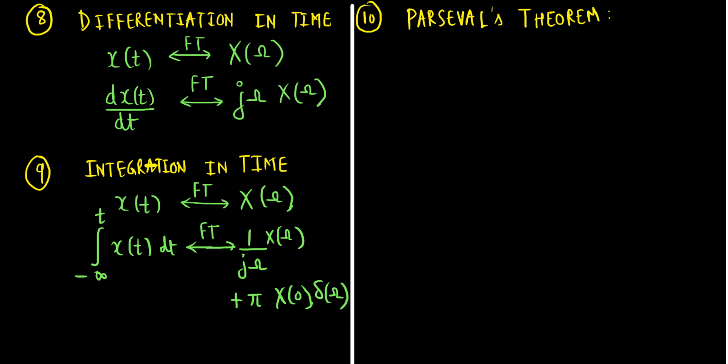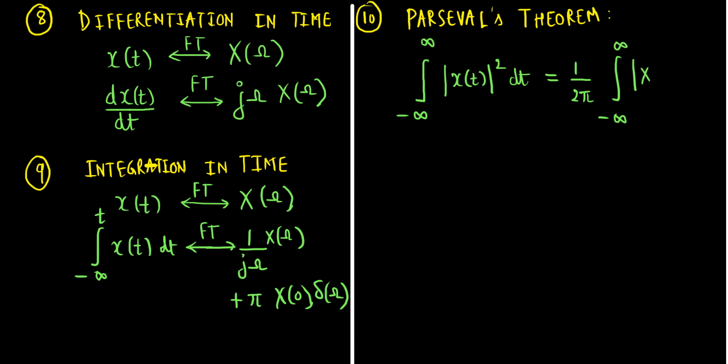Parseval's theorem states that the energy of the signal in time domain, that is the integration of mod of x of t whole square dt from minus infinity to infinity, is going to be equal to 1 upon 2 pi times the integration from minus infinity to infinity of mod of X of omega whole square d omega. What this property says is that the energy of the signal in the time domain is going to be equal to the energy in the frequency domain, just scaled by a factor of 2 pi here.